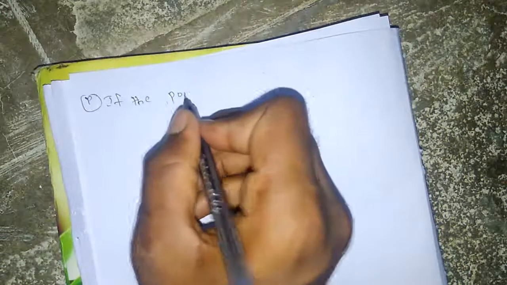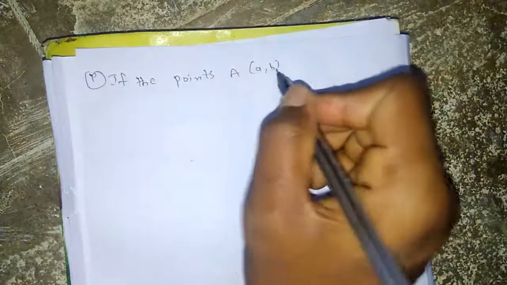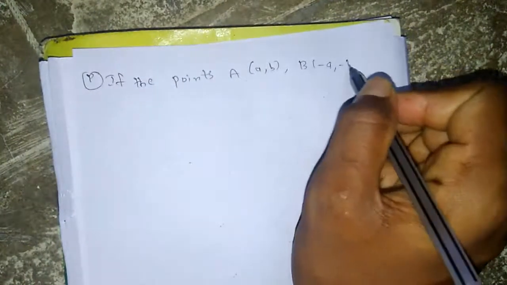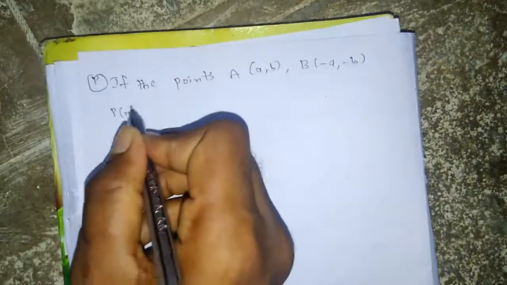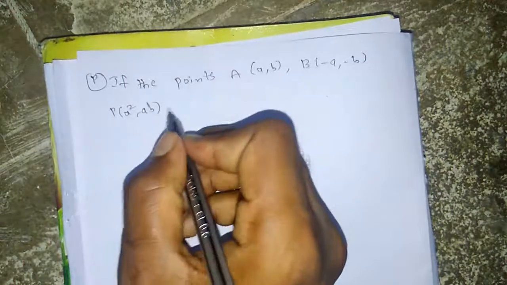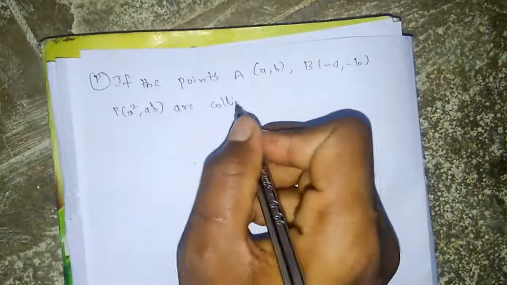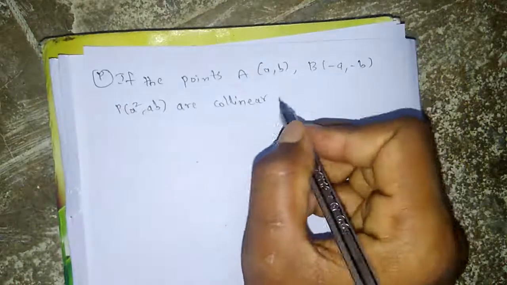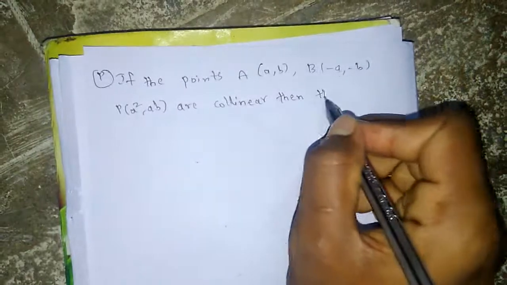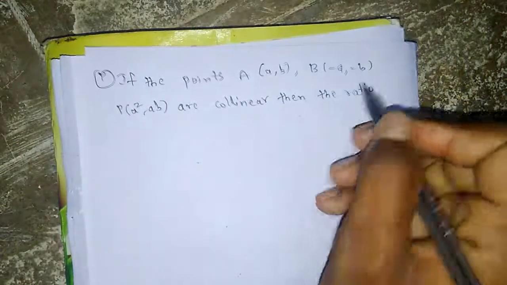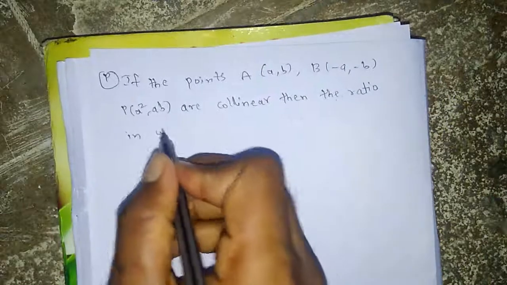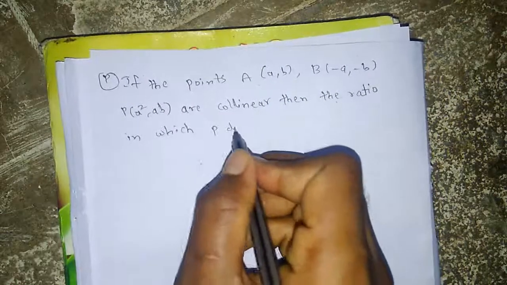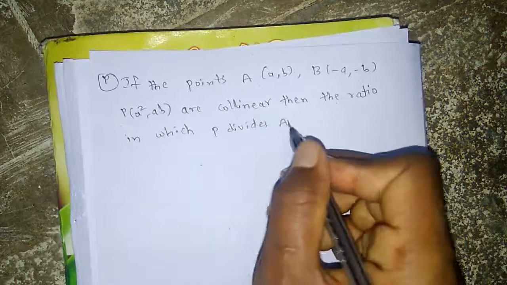Next problem is, if the points (a, b), (b minus a, minus b), (a square, ab) are collinear, then the ratio in which P divides AB is?